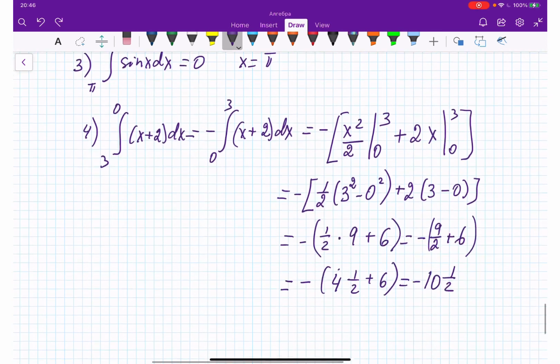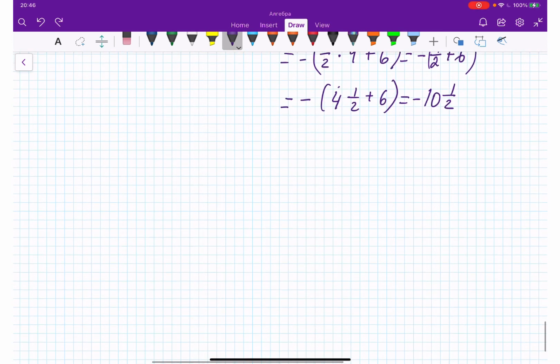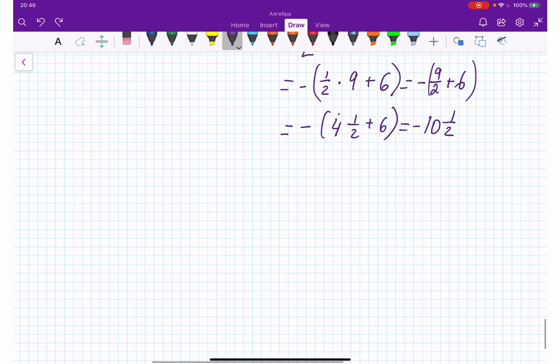And then next time we will solve a bunch of definite integrals. To succeed in definite integrals, you have to know indefinite integrals very well. That's why I spend a lot of time with indefinite integrals, because definite you solve exactly the same way as indefinite. It's just that at the end you plug in the values. That's all.